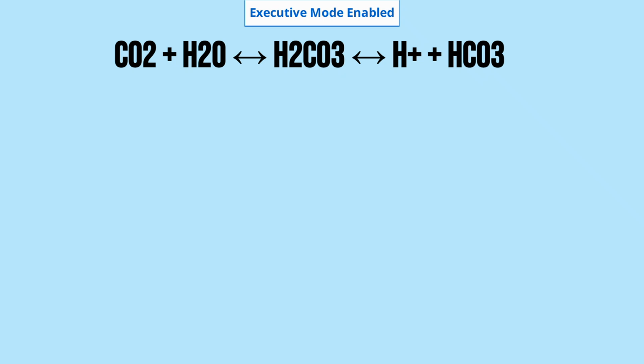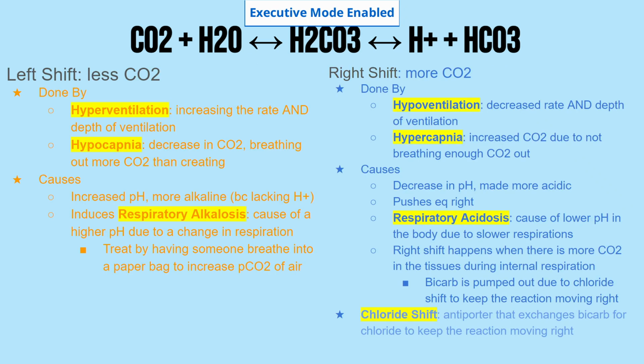Okay, so we'll back up a little bit. This is what we just talked about, but more broken down into words. A left shift is done by hyperventilation, or hypocapnia, which is a decrease in CO2. So you're breathing out more CO2.